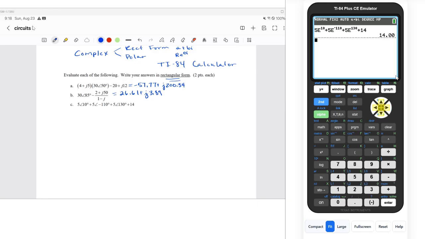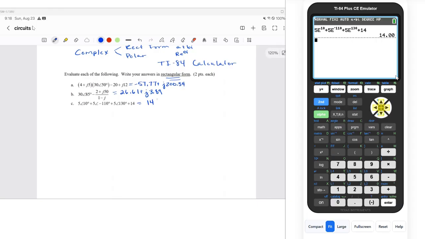And we get 14. And we have no imaginary part, so it's just 14 plus J0.